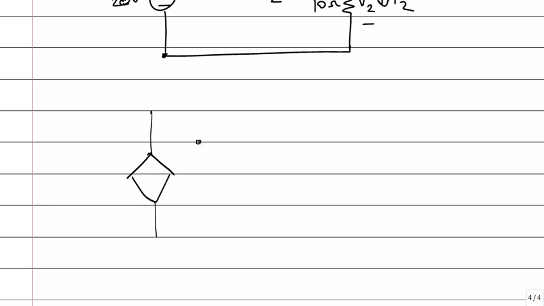And there are 2 cables more. If you think of a dependent source as a box, it has 4 cables. These are output cables, and these are the cables connected to the dependent components.